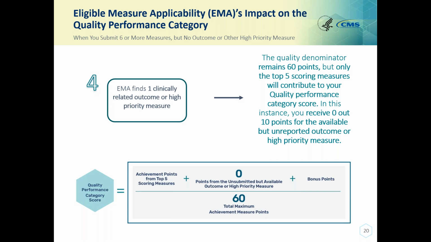So again, we have a challenge where the numerator contributions in the measures reported missed an outcome measure that was associated with either the EMMA logic or the set logic, and we have a missing submission. So the bottom line is you're only getting 5 out of 6 measures scored, and you still have your denominator set at 60 points.